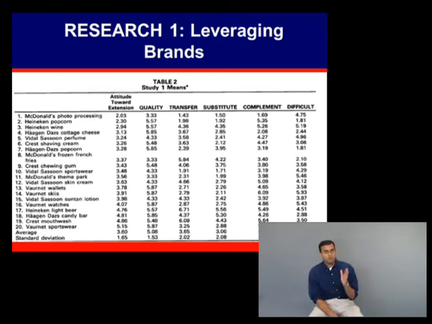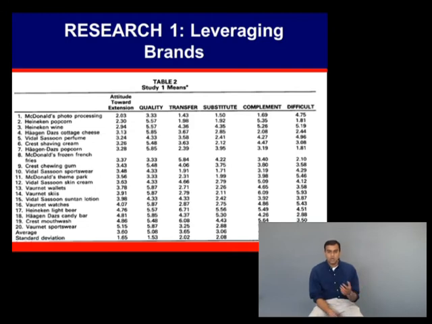They also asked a few other variables that they've got measurements on. So they asked for the quality of the extension, and the quality of the parent brand, which is what we saw in the previous case. They thought the quality of the McDonald's photo processing would be 3.33, and Heineken popcorn would be 5.57. So on a 1 to 7 scale, the quality perceptions would be less or more. As you can imagine, if McDonald's per se is seen as poor quality, the extension is also seen as poor quality.